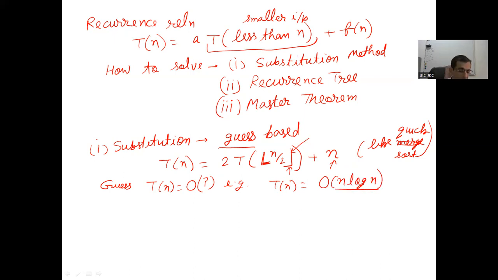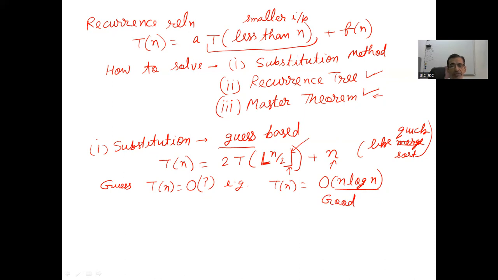Either it will be based on experience as a programmer, knowing this kind of relation, or by using a recurrence tree, or by using the master theorem, which will let you compute fast, so you can guess. If you are an intelligent programmer, you can guess smartly. But only if you are able to make a good guess will you be able to prove.